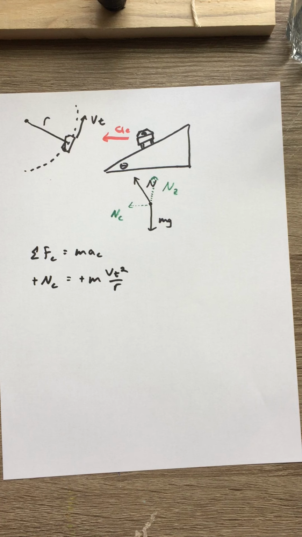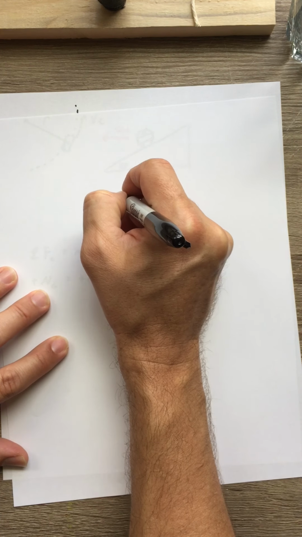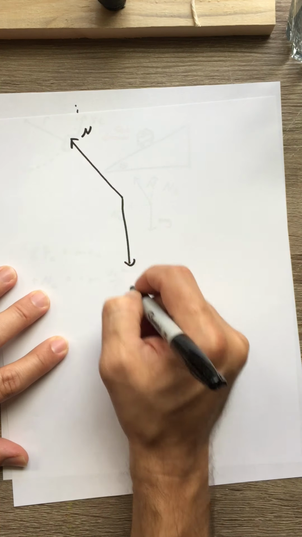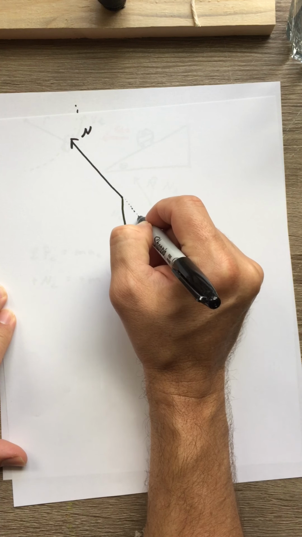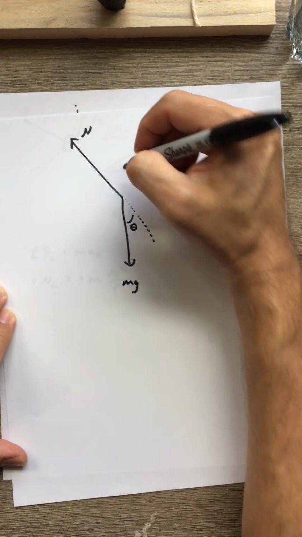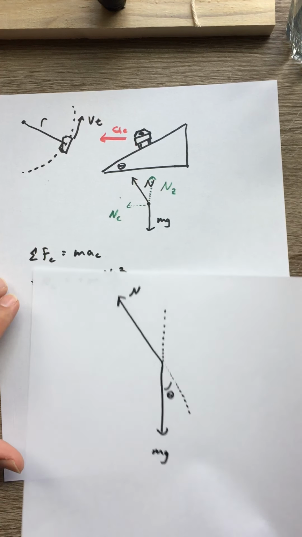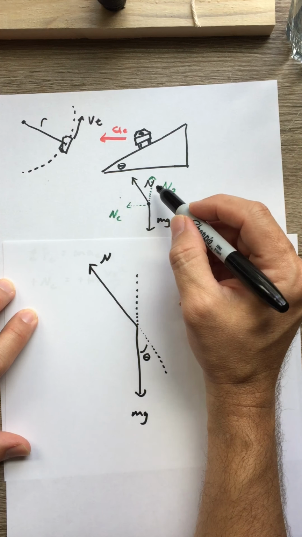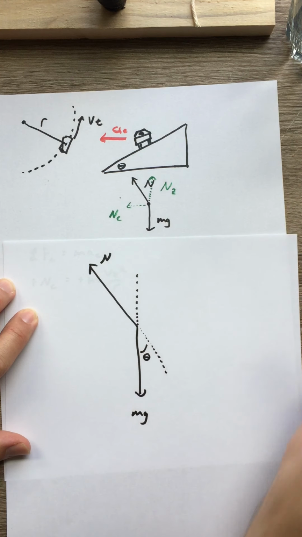Just to remind you of how the geometry worked for inclined plane problems, let me go to another sheet. When we did inclined plane problems, we had usually something like this, where that was my normal force and this was mg, and there was a ramp here, and we figured out that this angle is theta. Well, if you notice, to resolve the components of the normal force, I either need this angle or this angle.